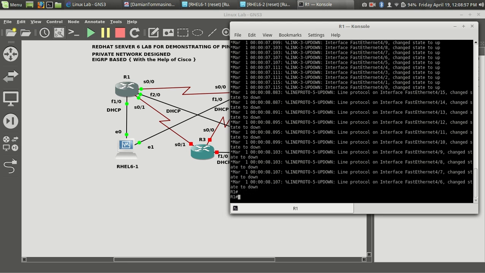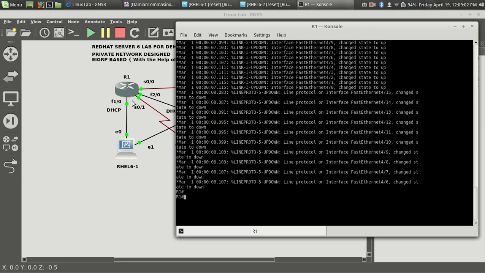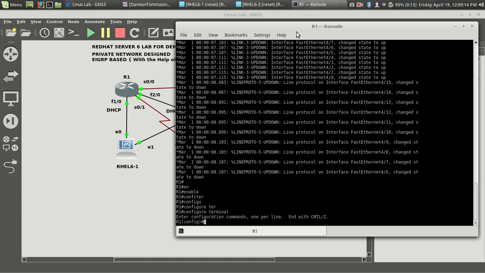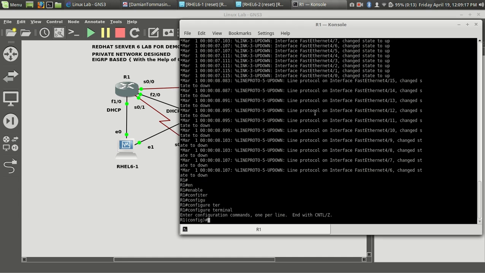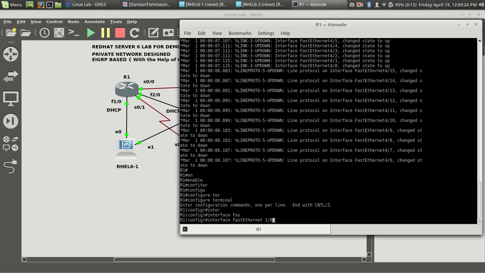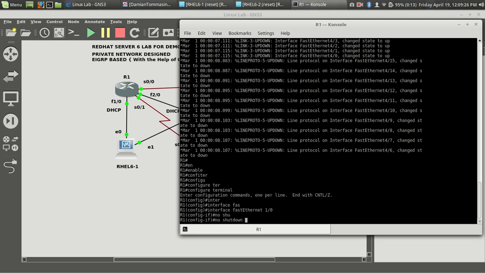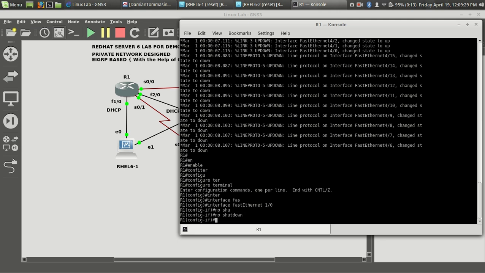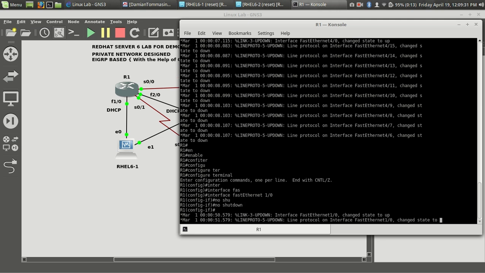Today I have to configure the router. Firstly, I would like to configure interface FastEthernet 1/0. Initially I have to bring the port up from shutdown.